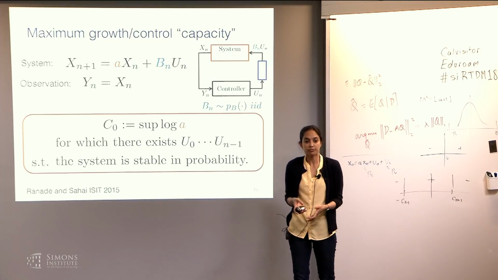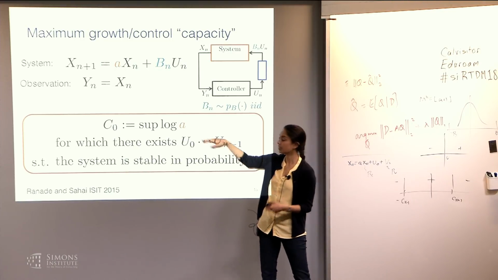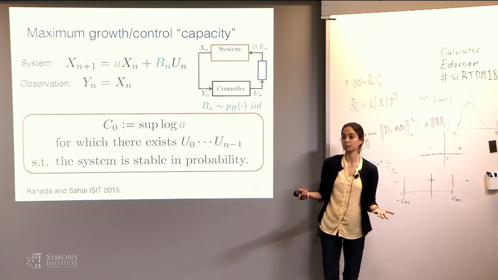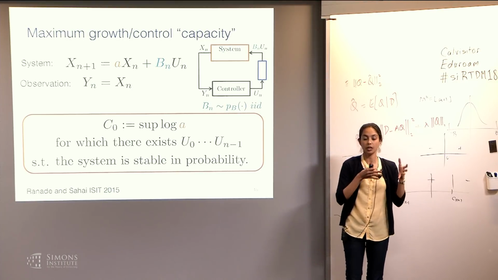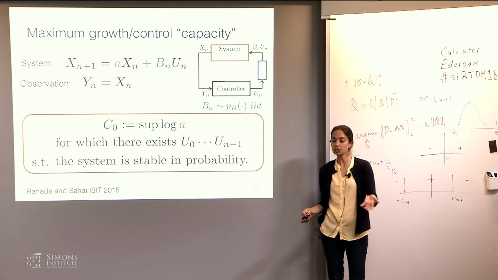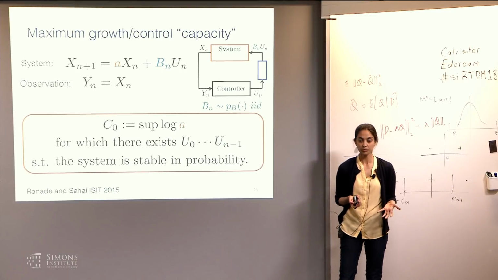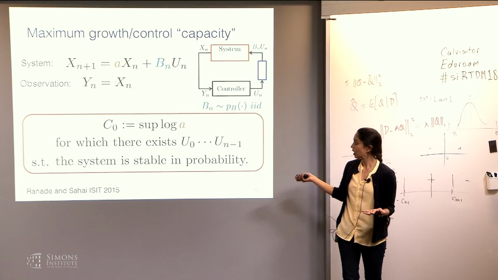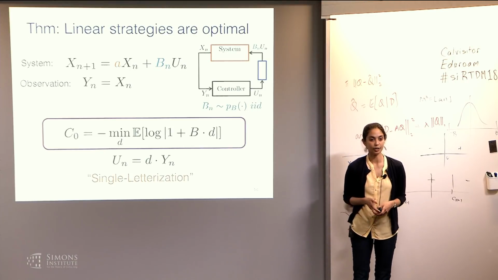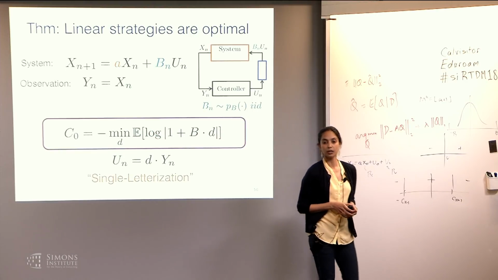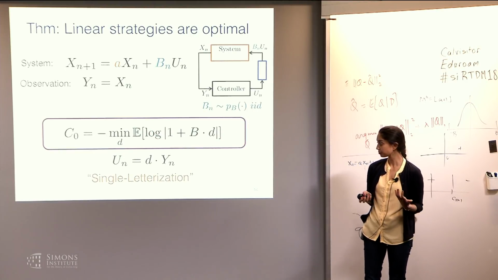We want to define this maximum growth rate and understand what it is. What is the maximum growth rate for which there exists a control strategy such that I can keep my system stable in probability? It turns out that we can actually compute the value of this, and it's given by this very simple expression.